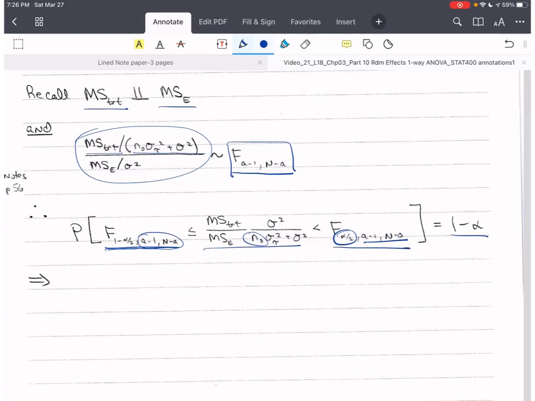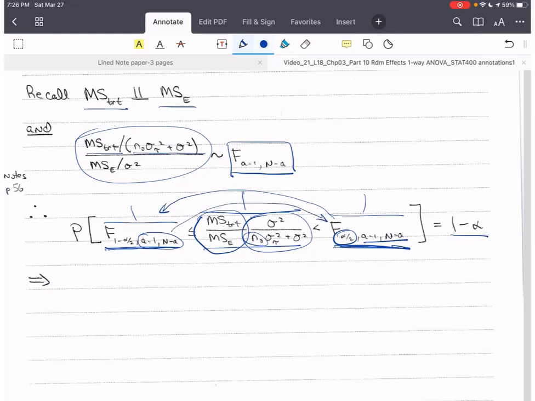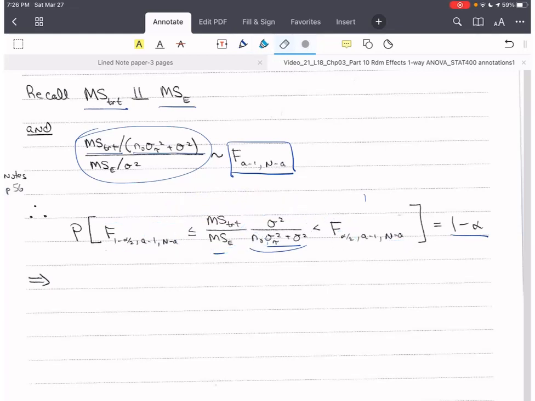Now, when I invert this fraction, it's just going to put the denominator in the numerator and the numerator in the denominator, and the same here. And then we'll have 1 over this and 1 over this. And so this value will go over here because it will be smaller. These values will switch positions once we take the reciprocal of them.